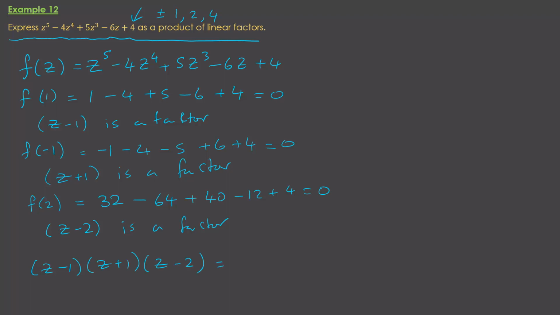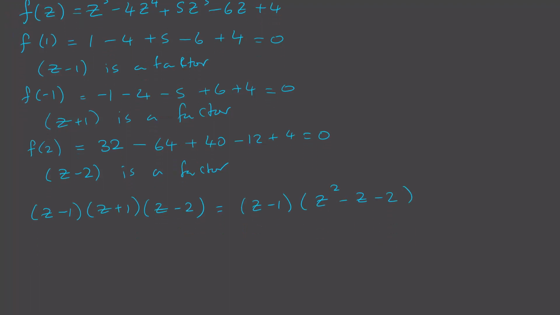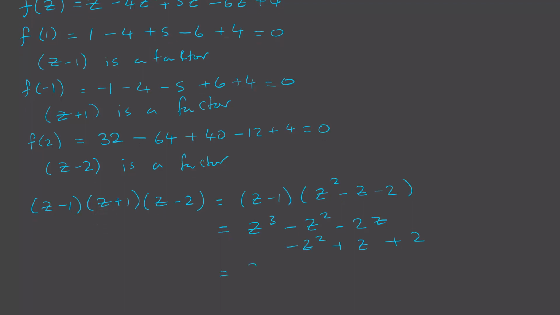is a factor. So that's z minus 1, z squared minus z minus 2, which is z cubed minus z squared minus 2z, take away z squared plus z plus 2, is z cubed minus 2z squared minus z plus 2.